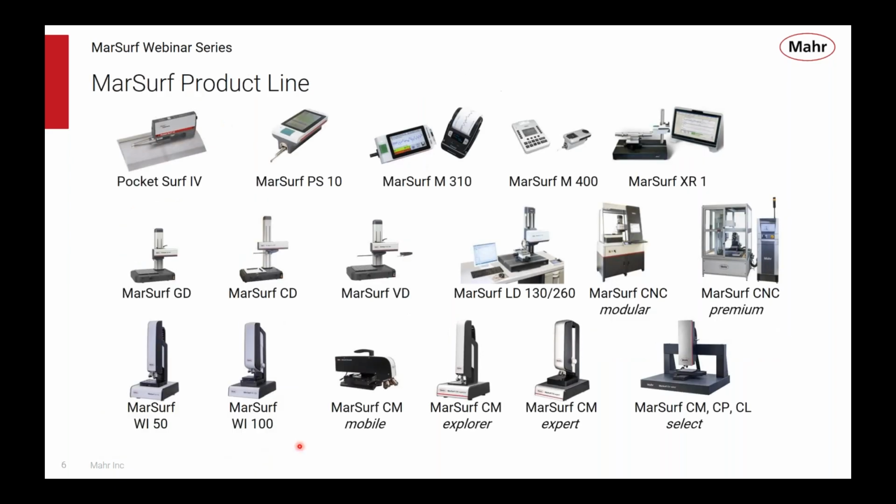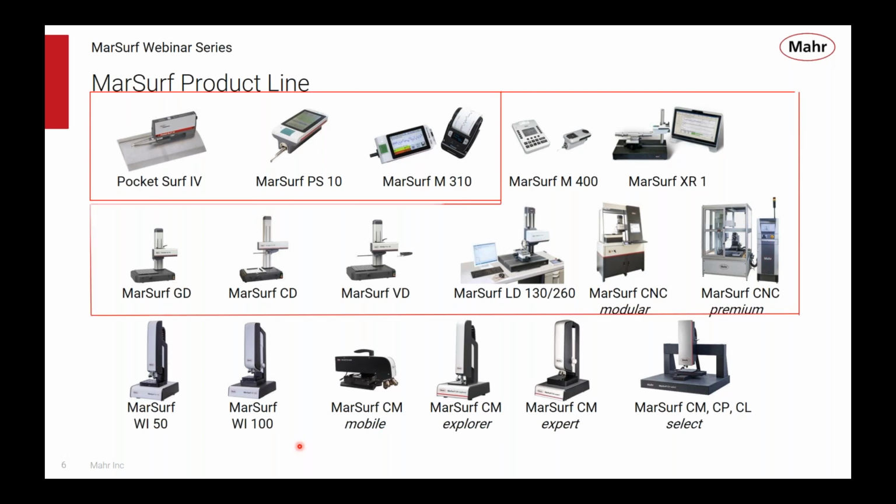The Mahr product line uses a lot of those kind of diamond stylus-based instruments, and is one of the broadest range product lines in the world for the measurement of surface finish. It's really made up of kind of three parts, which I'm going to look at individually. There's the handheld and portable things in the upper left-hand corner. Then the middle of the screen is the stationary or skidless.